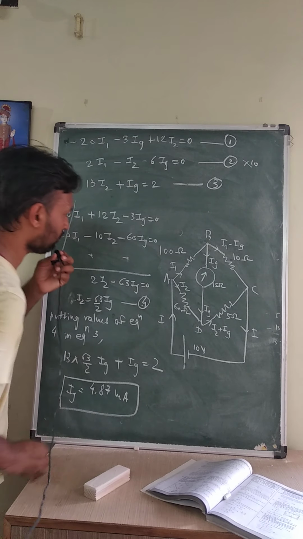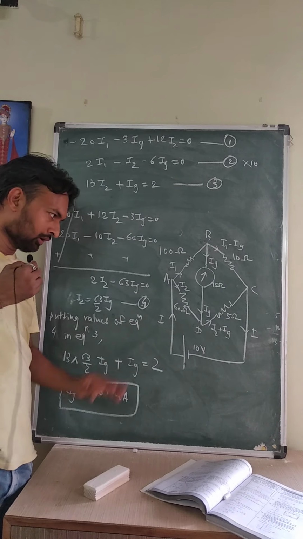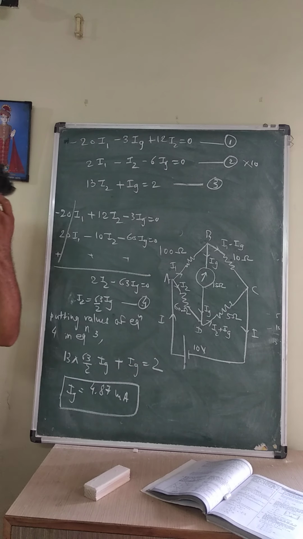So this is how you can find the value of current through the galvanometer using this circuit and Kirchhoff's law. I hope the equations and the methodology are clear to all of you. Once you understand the methodology, it's easy. It's not a big deal.